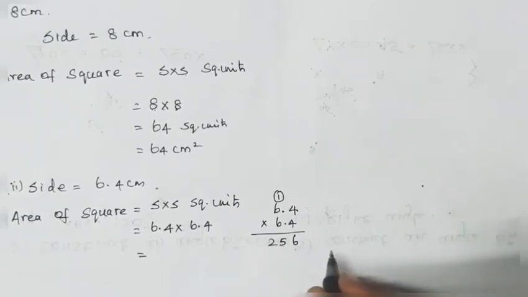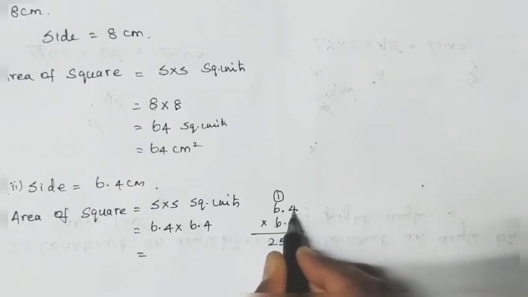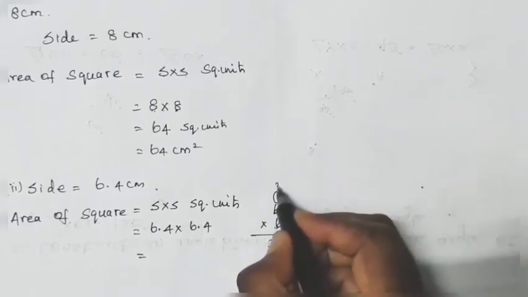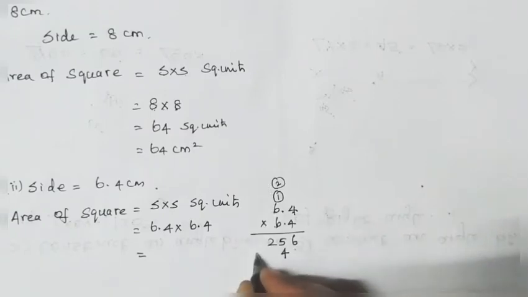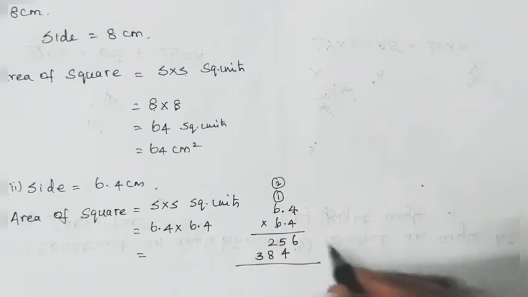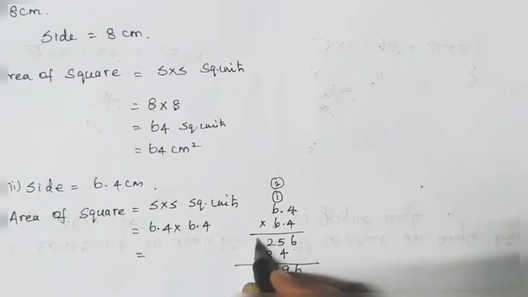Don't keep the decimal point now. Now take 6. 6 fours are 24, 4, 2 carry over. 6 6s are 36, 36 plus 2 is 38. Right? Now 5 plus 4 is 9. 8 plus 2 is 10, 1 carry over. 3 plus 1 is 4.